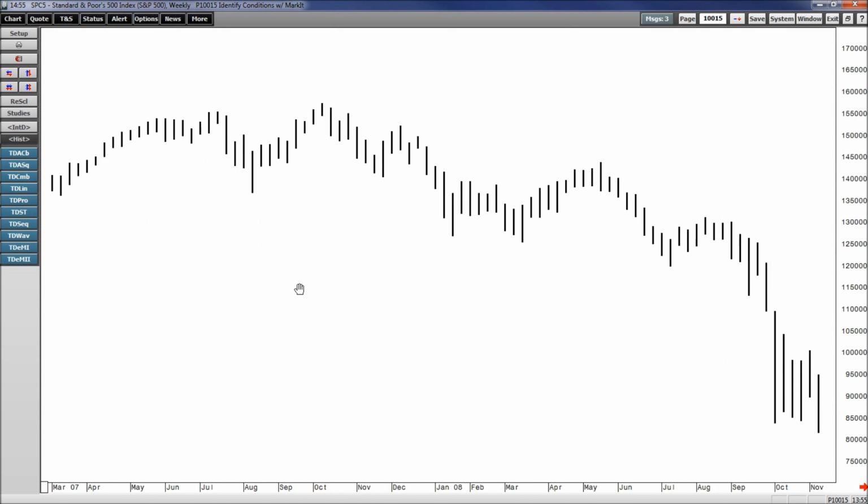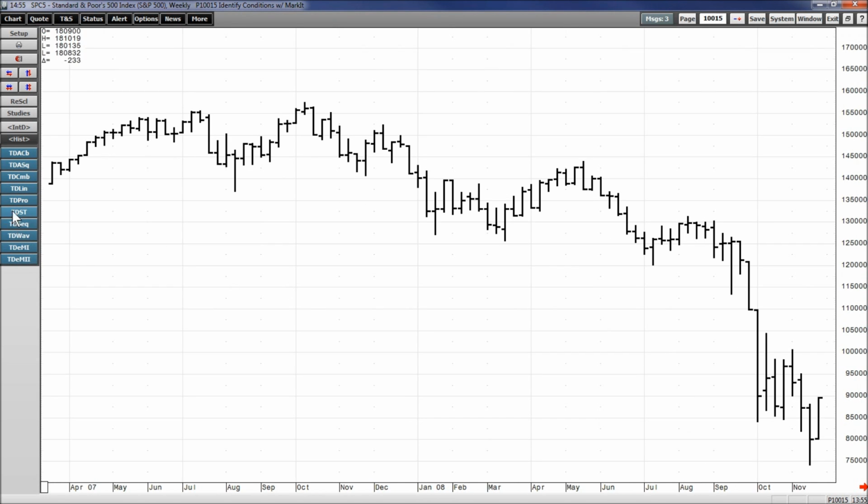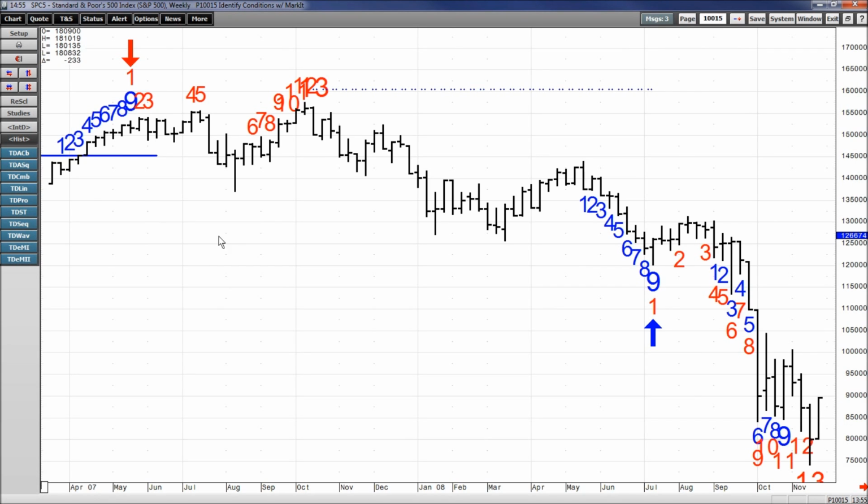For those of you that are new to DeMark, DeMark has counts that help us with trend exhaustion. So you get a 9-cell setup paired with a 13. When I get a 9 and a 13, this 13 tells us that the probability of the bullish trend being exhausted has increased.